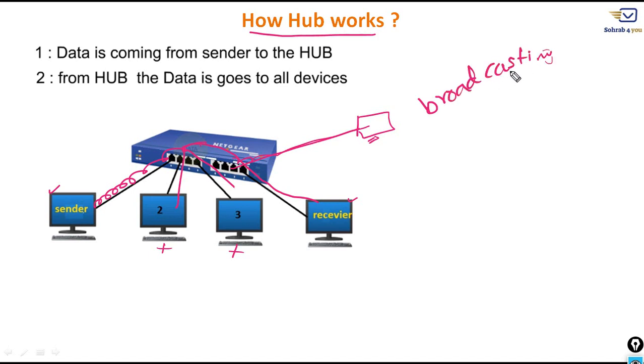When data comes in, it sends the data to everyone, whether someone needs it or not. This is how a hub works. So simple, guys: data comes from the sender to the hub, and from the hub it broadcasts to all devices.